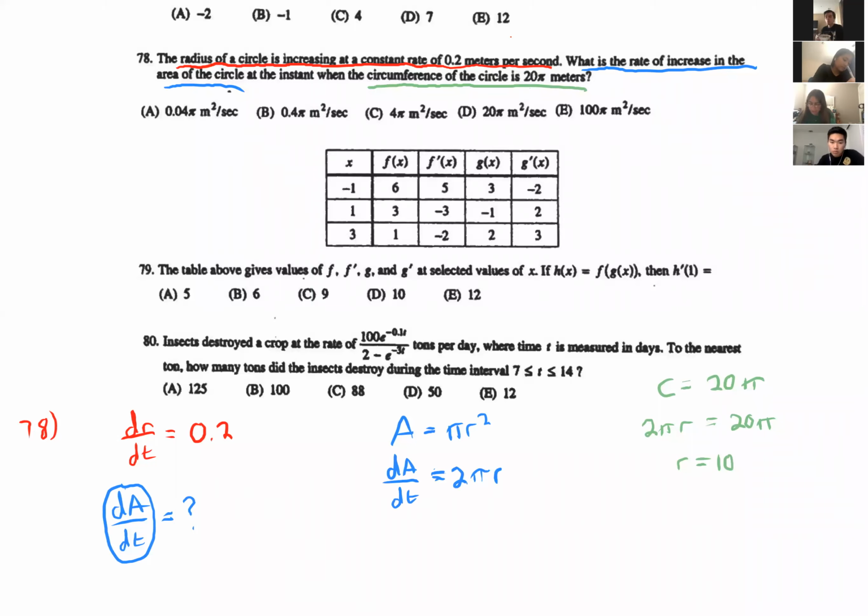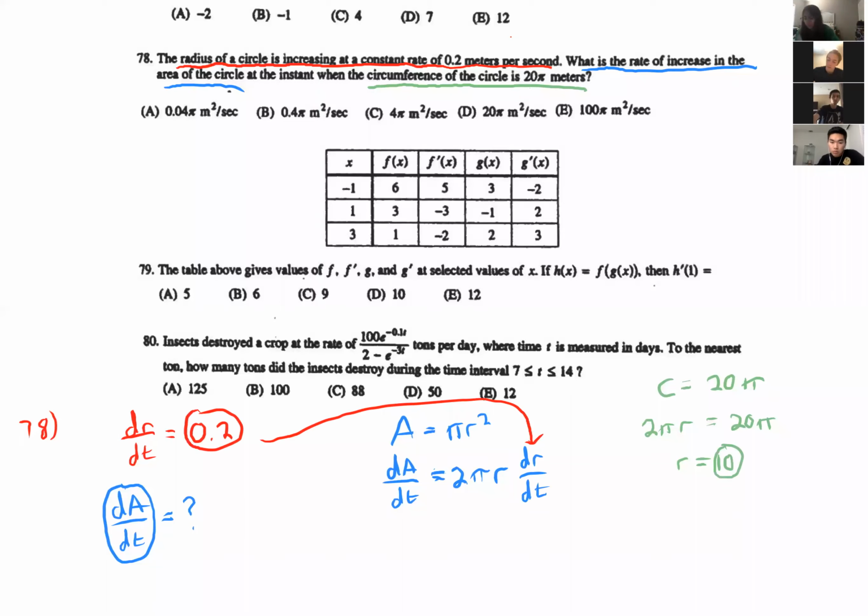So 2 pi r, but because we're taking the derivative of the radius with respect to time, I have to do chain rule here. So then I take the derivative of r with respect to time, which is dr over dt. And I know what dr over dt is. It's right here. So I can take this and substitute it for dr over dt. And I can take this and substitute it in for r. And then I have everything I need to solve for dA over dt.